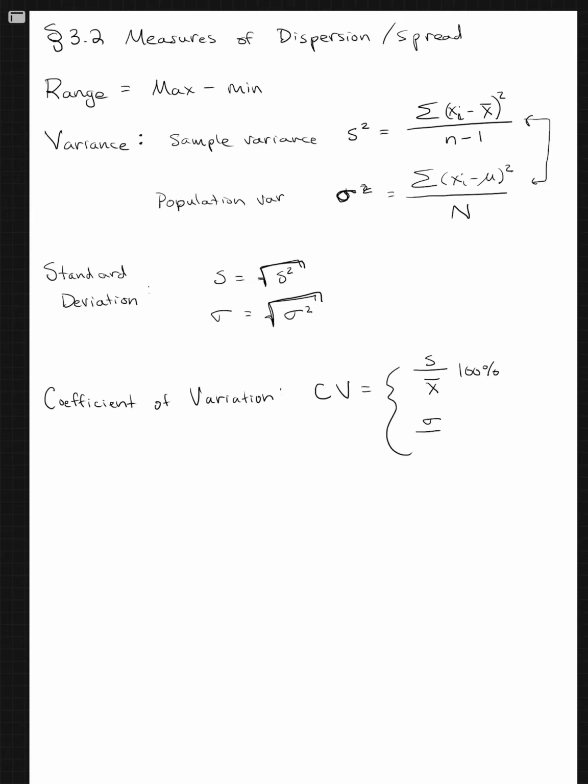And for a population, this is sigma divided by mu times 100%. And the idea here is just to compare how big is the standard deviation relative to the mean. And it's often used to look for differences between two different data sets.